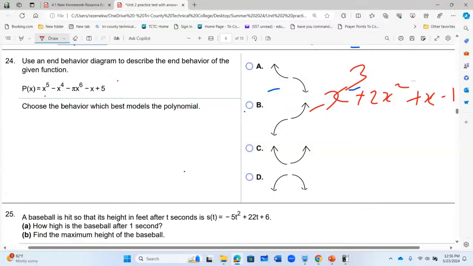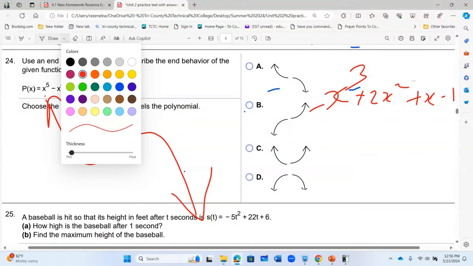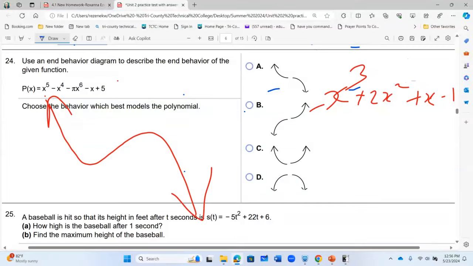Well, this is a third degree polynomial with a negative leading coefficient. Guess what? Then the left is up, the right is down. Why? Because of the negative leading coefficient, the left goes up, the right goes down.